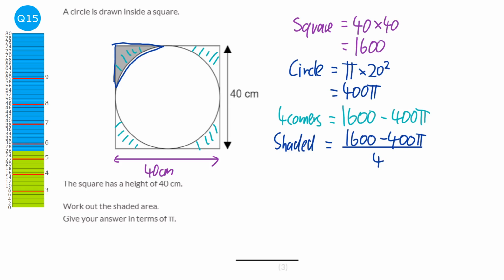We can divide all of the terms by 4. So that will leave 1 at the bottom, 100 pi here, and 1,600 divided by 4 is 400. So we're just cancelling the fraction and we leave it as 400 minus 100 pi, and that indeed is our answer. You can't simplify that any further.